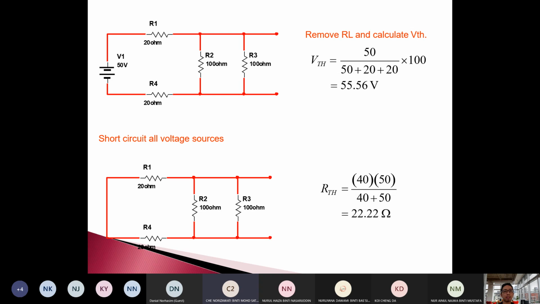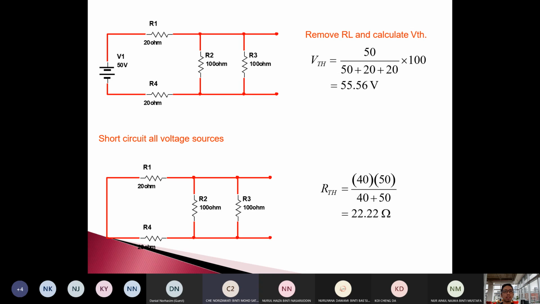Sebab yang ni dia parallel, 100 and 100. So 1 over 100, 1 over 100, 2 over 100, and then 100 over 2 equals 50. So yang ni jadi 50 lah. Okay, so you get 40 and 50.